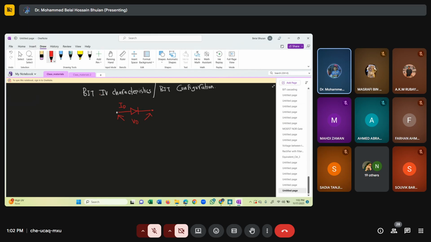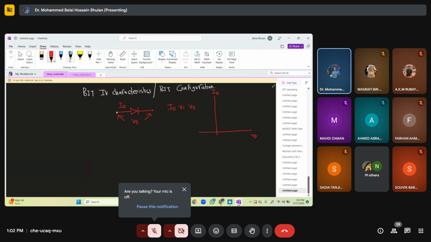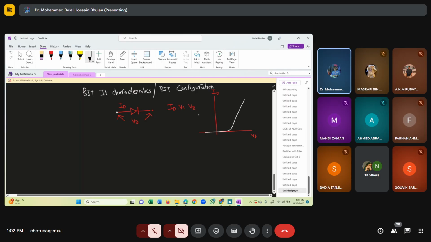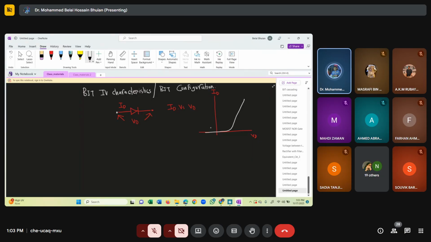IV characteristics is finding the relationship between ID versus VD. So in that case, we found out it is like this: ID versus VD. And if it is forward biased, that gives you an exponential relationship.